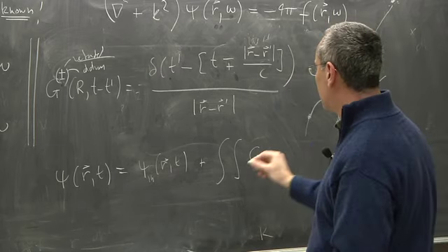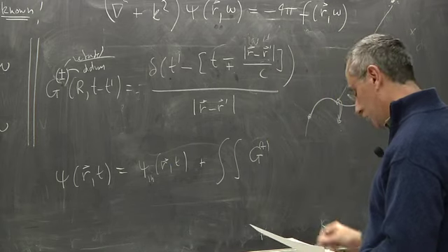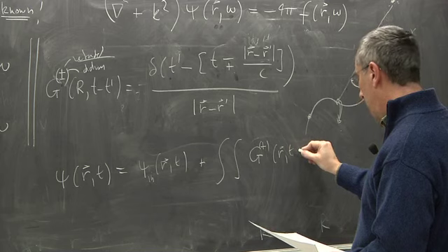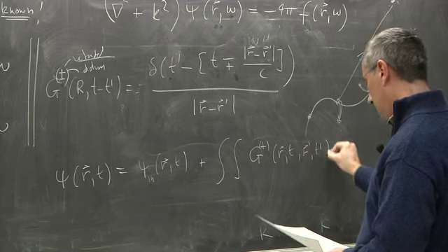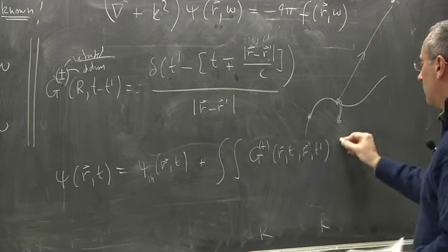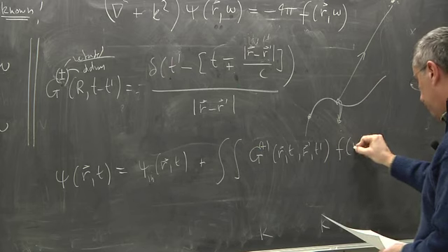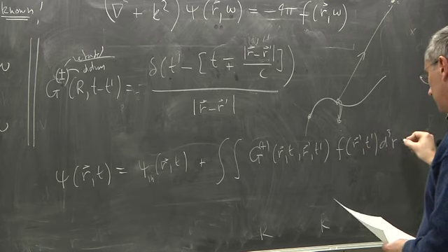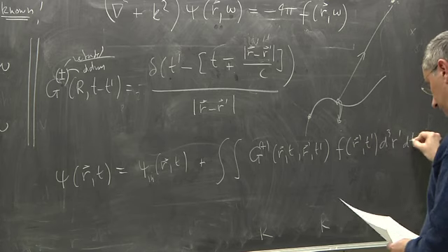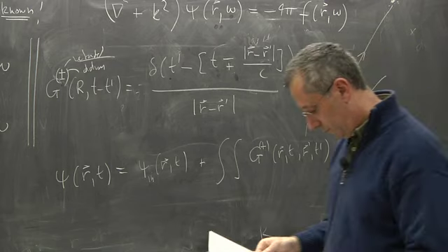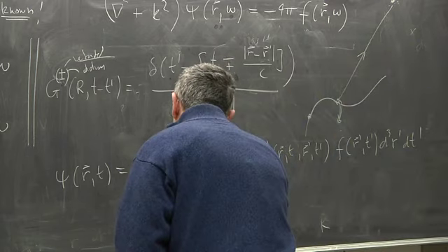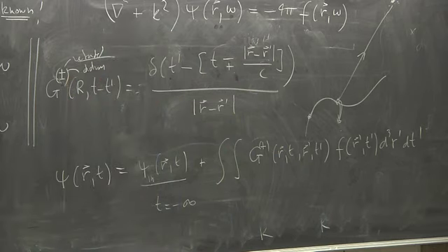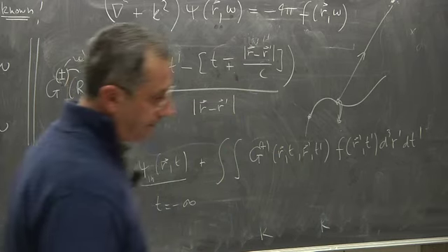So I take the retarded Green function of r and t, and r prime and t prime, times my source. So this is the t equals minus infinity situation because it's the incoming.